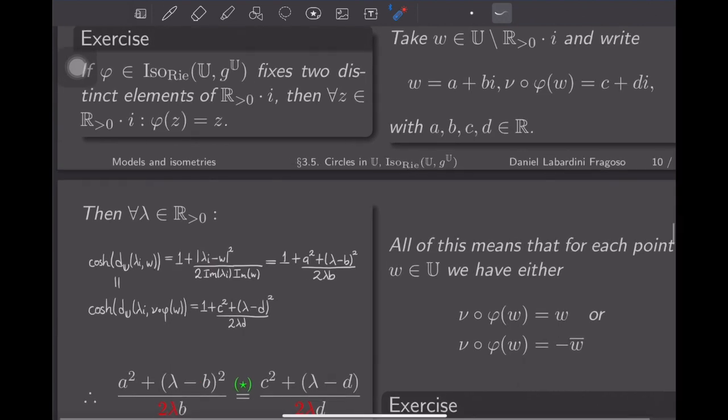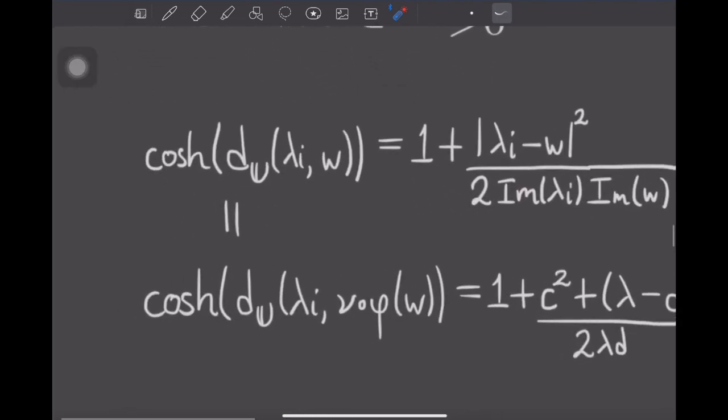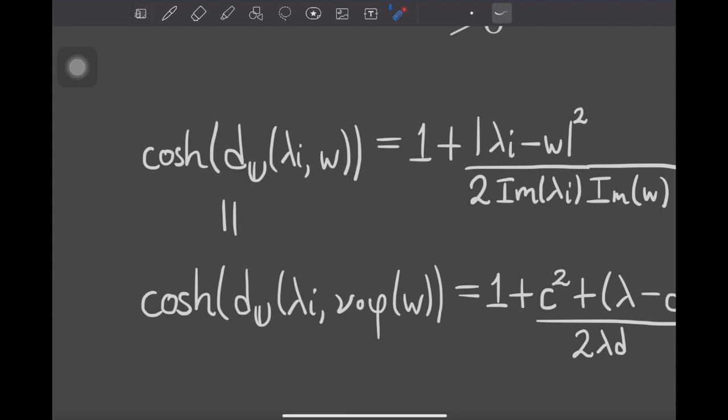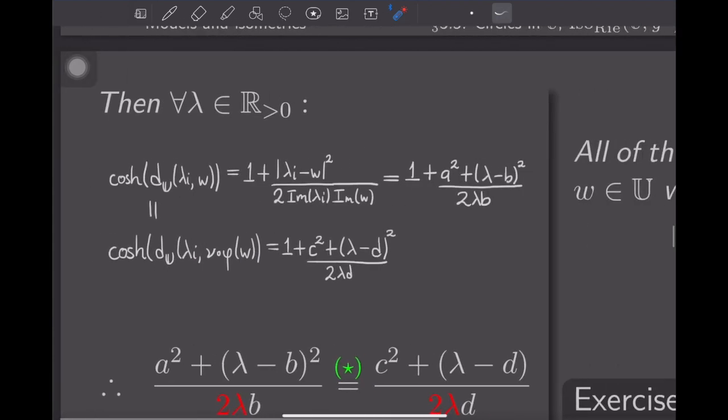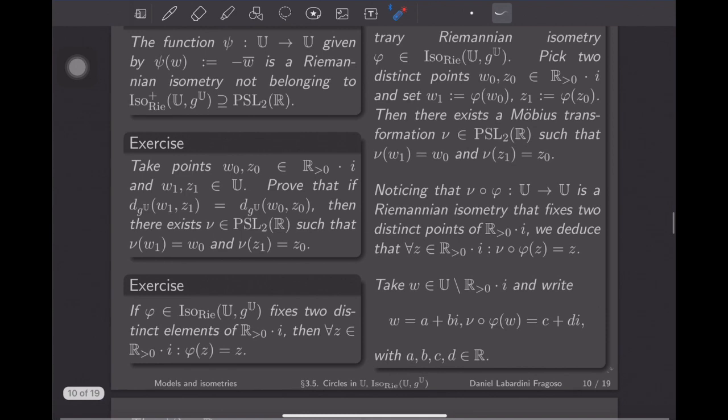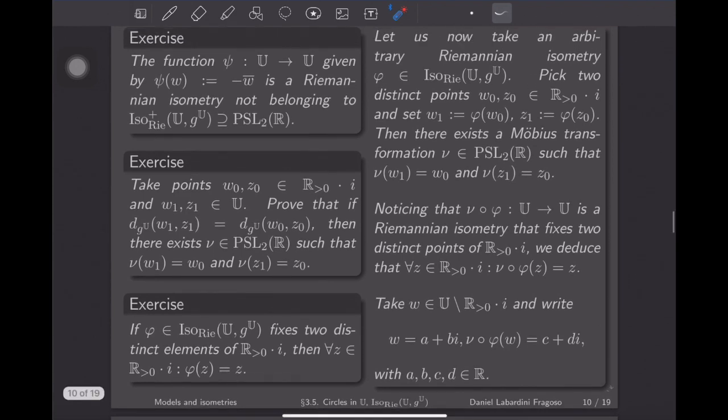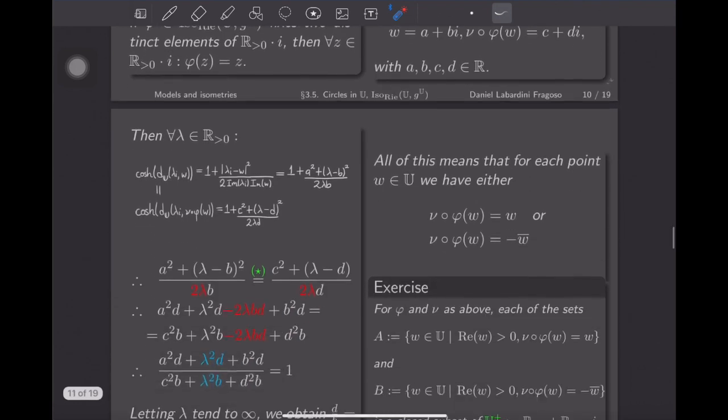Okay, and now, since nu preceded by phi, this composition, is a Riemannian isometry. Why? Because phi is a Riemannian isometry, and nu, being a Mobius transformation that preserves U bijectively, is also a Riemannian isometry.